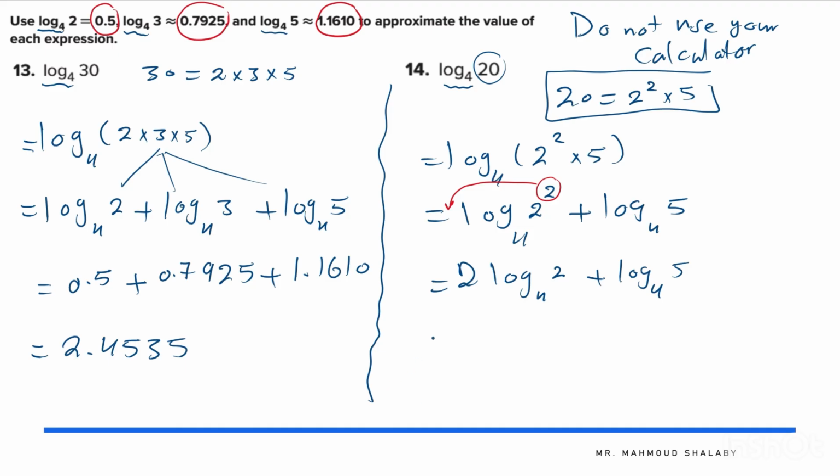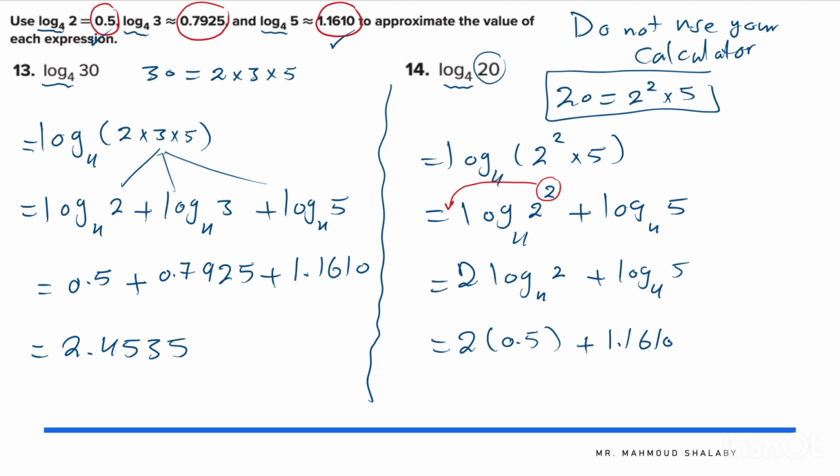Alright, now ya shabab, as you will notice here we have log 2 base 4, log 5 base 4, which means I will use the 5 and the 2 only. I don't have to use all of them. For example, here I don't have the 3, so I have only 2 factors, 2 and 5, so I will use these 2 solutions. So I will write 2 multiply by log 2 base 4 is 0.5, while log 5 base 4 is 1.1610.